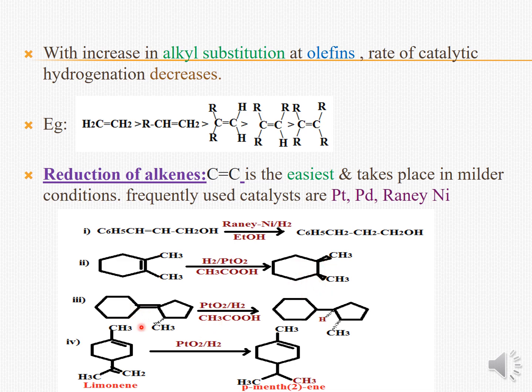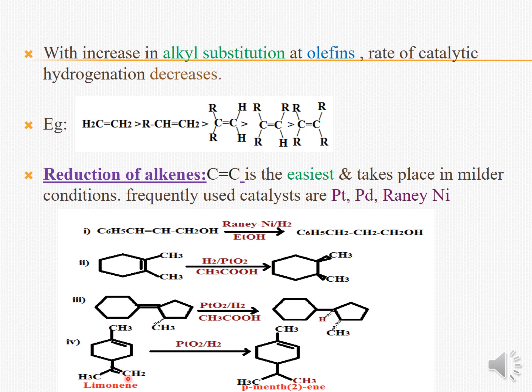And in this next example, with the catalyst platinum oxide and hydrogen in the presence of acetic acid, again this bond gets reduced to form this compound. Here the hydrogen is adding from the back side, so we are showing the back bond, that is your dash bonds.